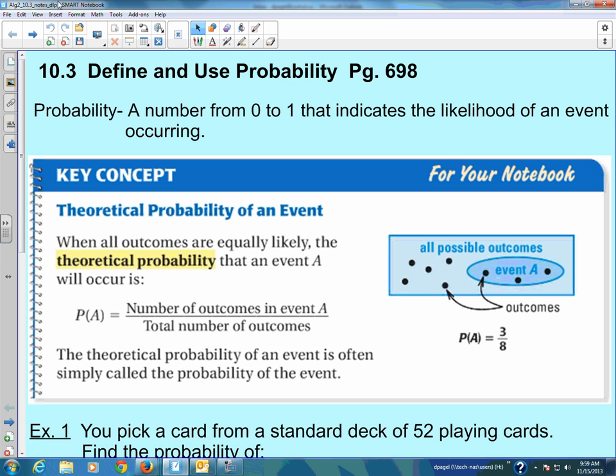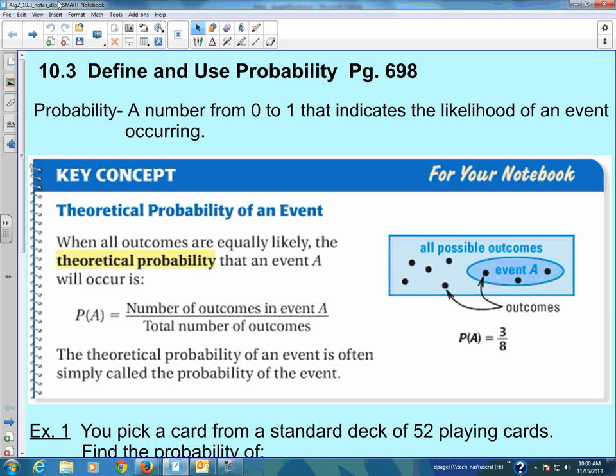Today in section 10.3 we're going to look at two types: theoretical probability and experimental probability. We'll also look at another way of looking at the chances of an event occurring, which we call odds.